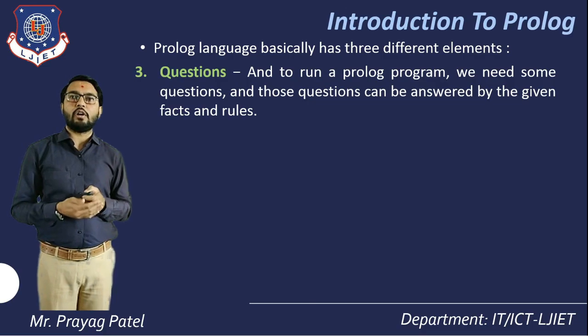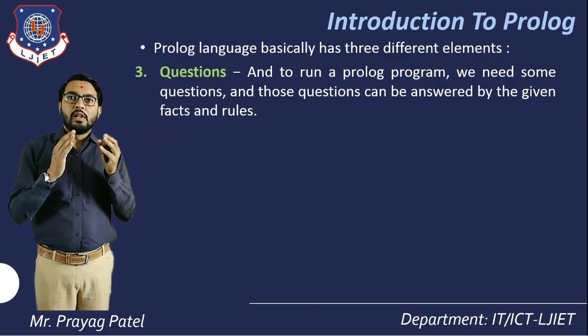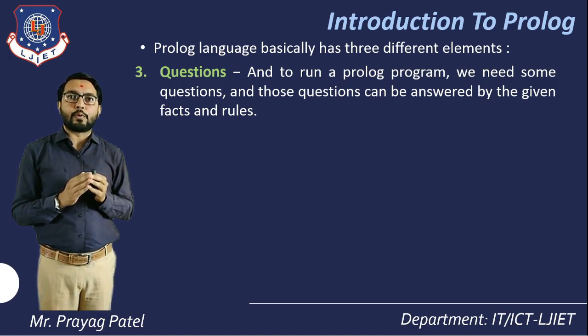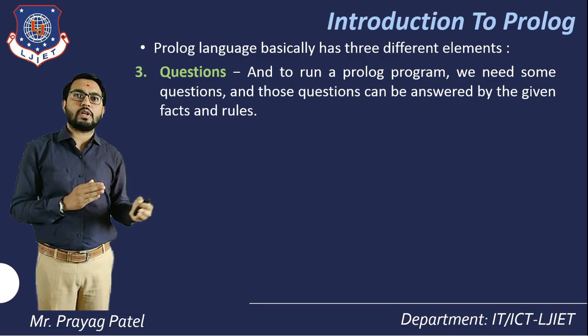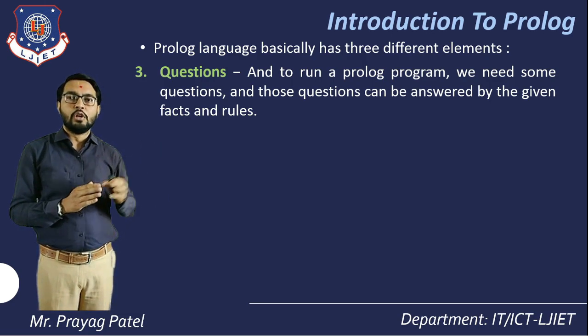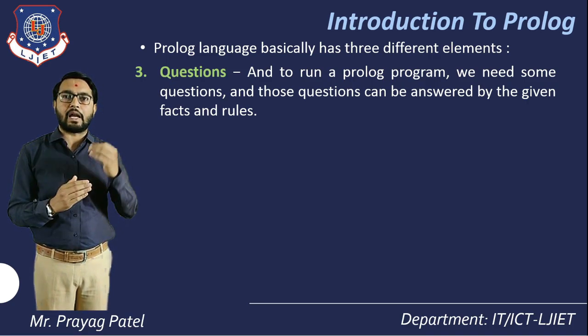Now the third component of the Prolog language is questions. To run a Prolog program we need some questions. And those questions can be answered by the given facts and rules. So for answering the given question, we require the facts and rules.